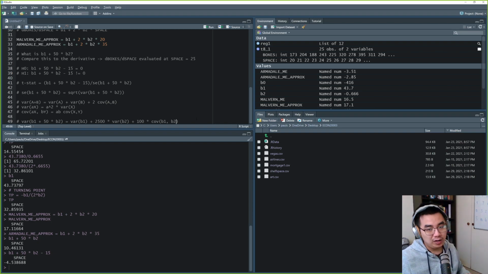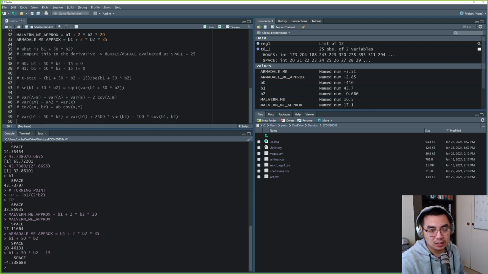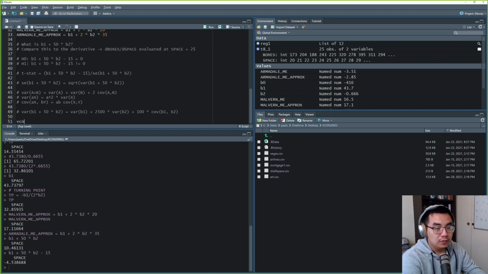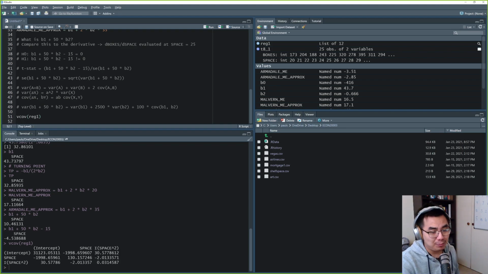So how do we do that? Well, vcov is a function that allows you to find the variance covariance matrix of a certain series of regressors. If I do vcov reg1, it'll output the variance covariance matrix of the coefficients of regression 1. On the diagonals, you have the variances, and anywhere that is not on the diagonal, you will have covariances.